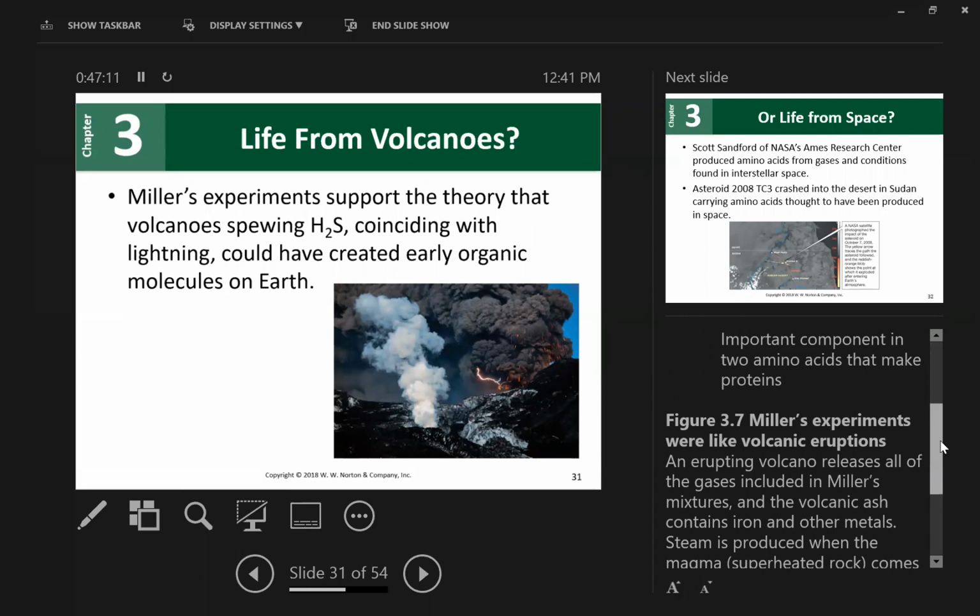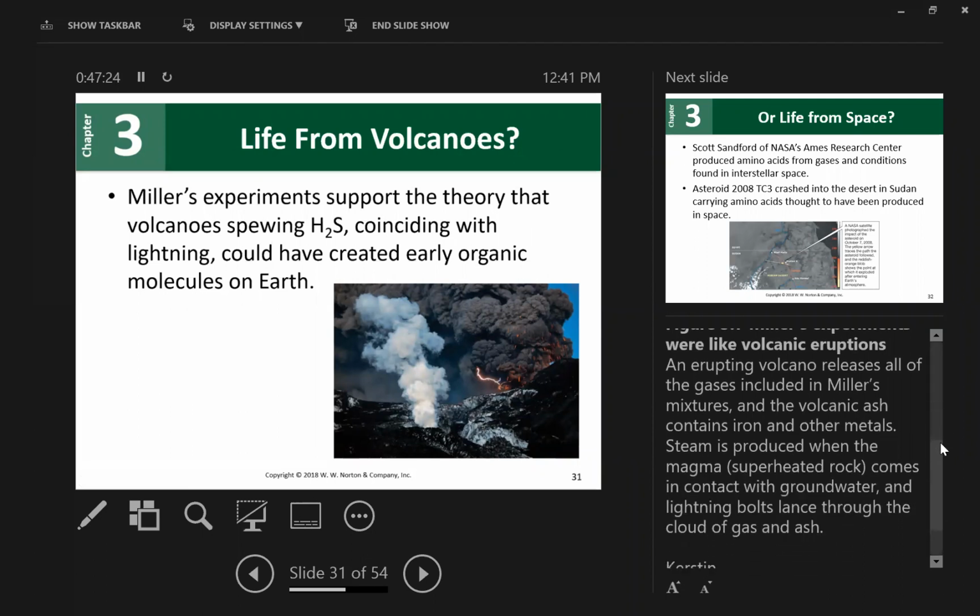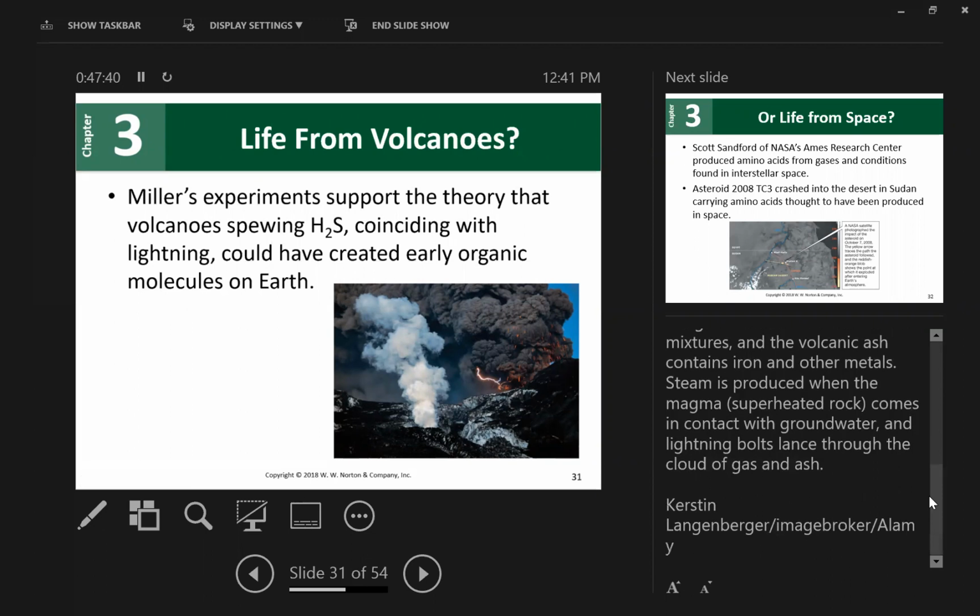But also you find a lot of sulfur is let off in volcanoes. So an erupting volcano releases all of the gases that Miller included in his mixture, and the volcanic ash contains iron and other metals. So steam is produced when the magma, or the superheated rock, comes in contact with groundwater, and the lightning bolts lance through the clouds of gas and ash.